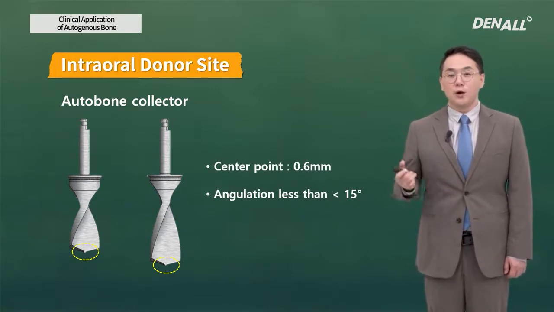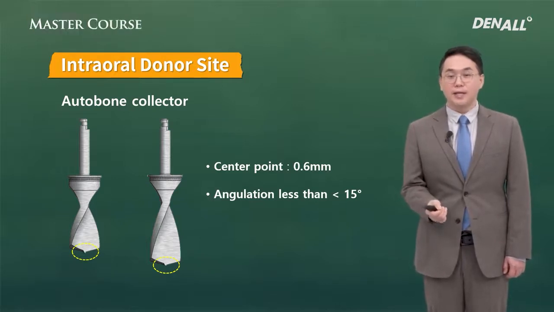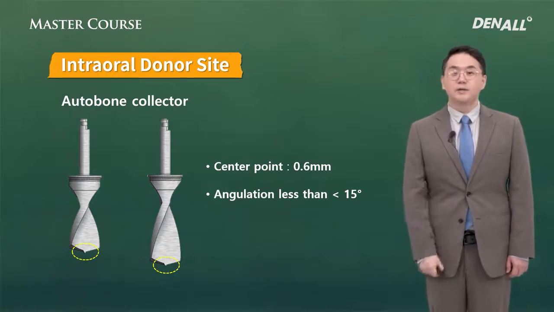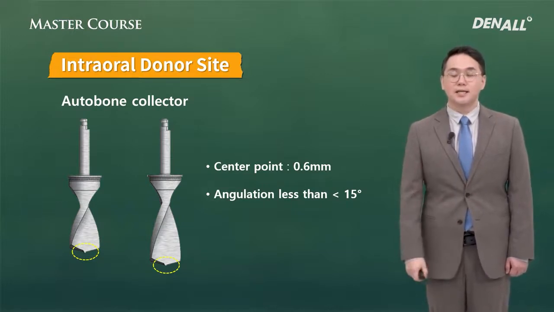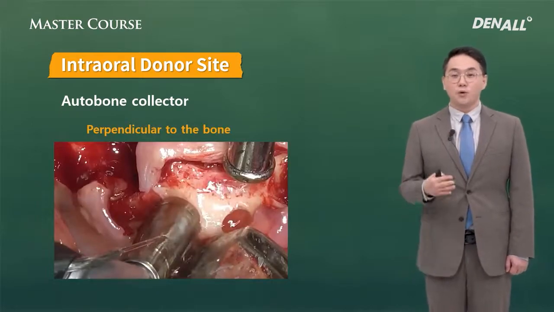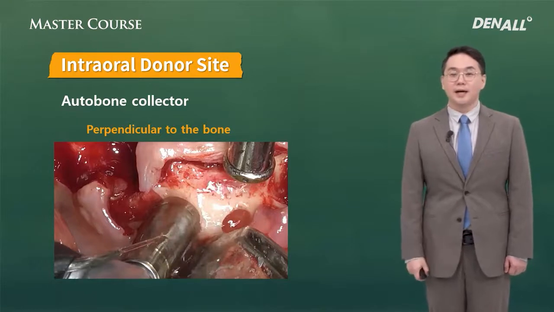If you start rotating the autobone collector outside and put it on the cortical bone, it may bounce or slip. So you'd better stably insert the center point into the cortical bone before you step on the pedal to rotate it. One more important thing, the stopper should be perpendicular to the residual bone wall.